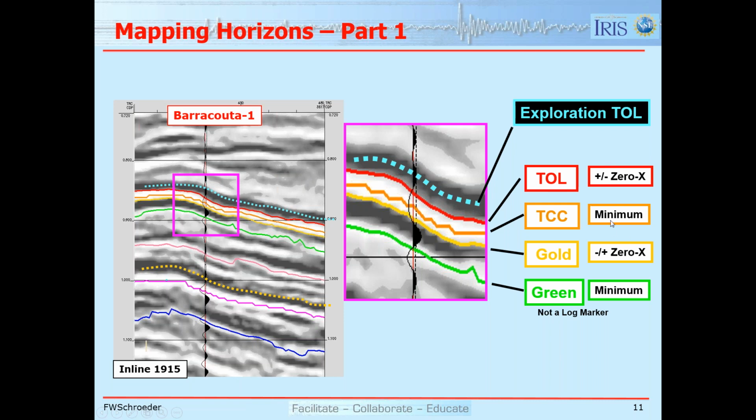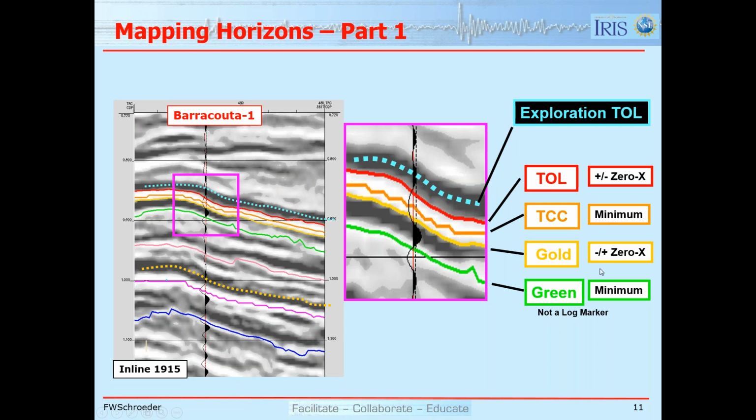And over here on the right tells me what type of a position on the seismic waveform it is. So the top Latrobe unconformity is at a zero crossing. The top of the coarse clastics or the top of the reservoir is on a minimum or a trough.